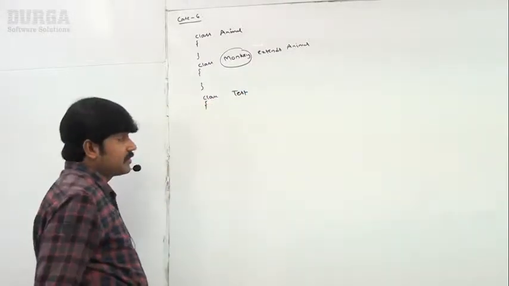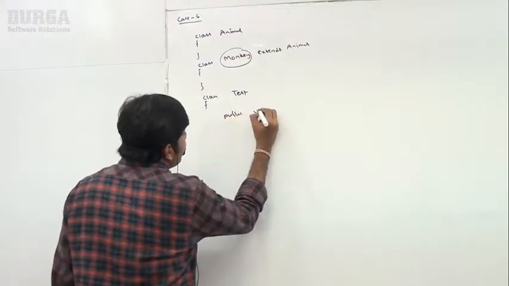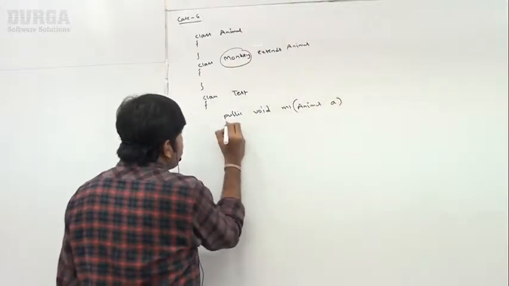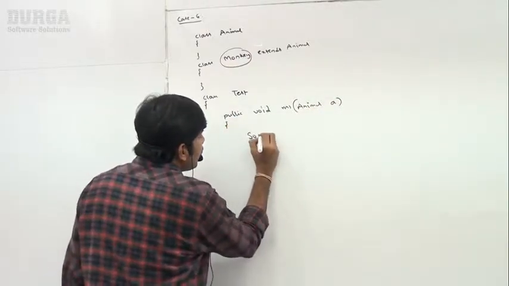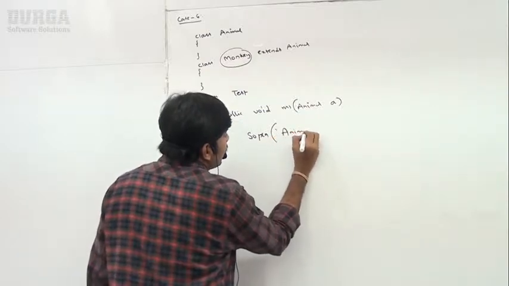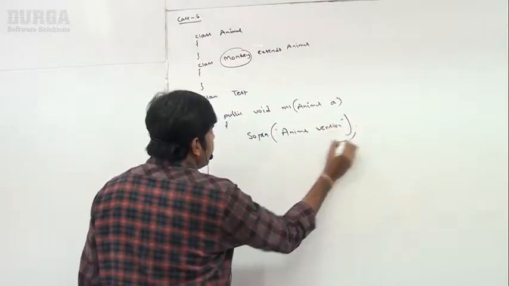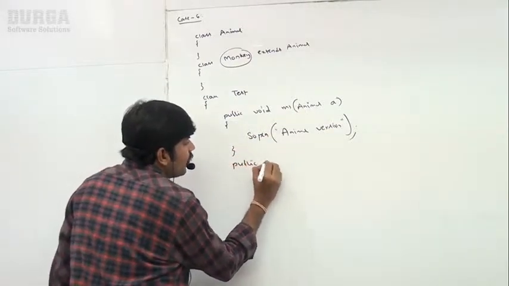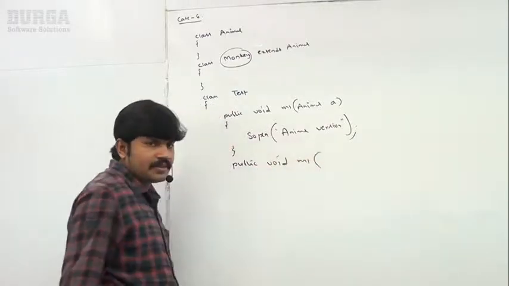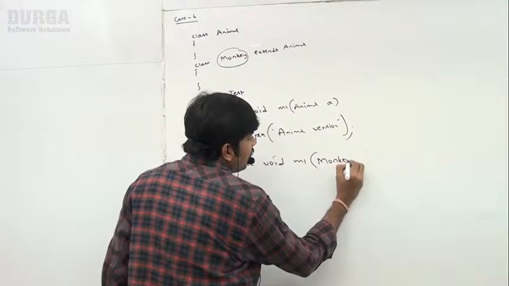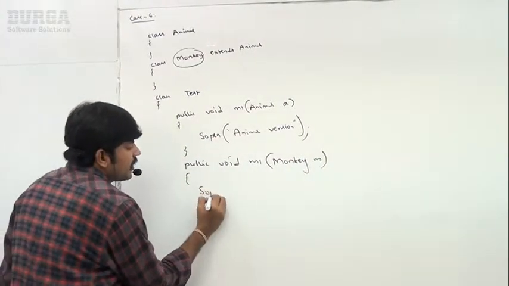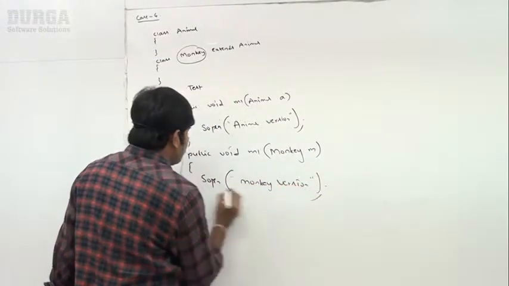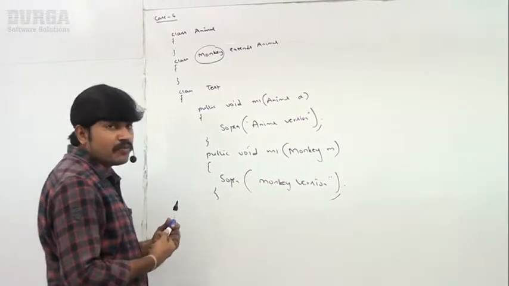Observe very carefully, a dangerous case. public void M1(Animal a) { System.out.println("animal version"); } and another method, public void M1(Monkey m) { System.out.println("monkey version"); }. Of course, Animal and Monkey are my own classes.